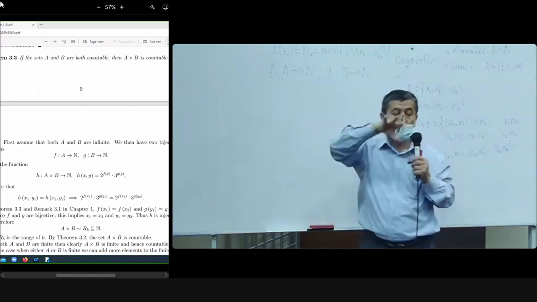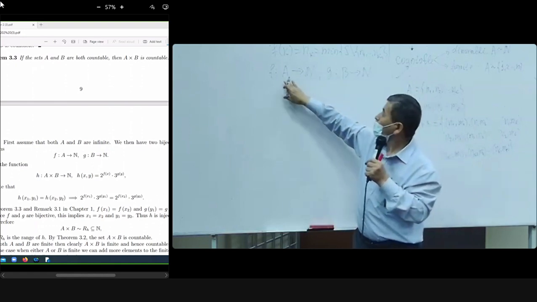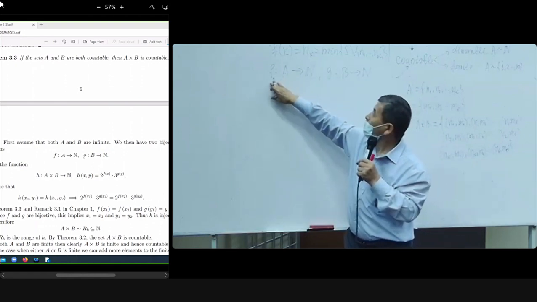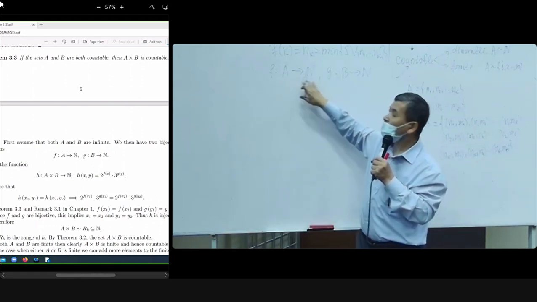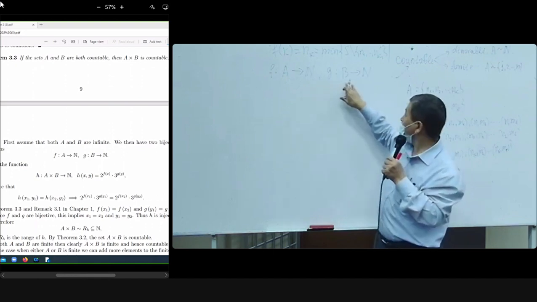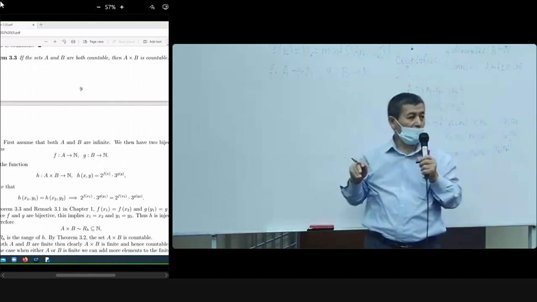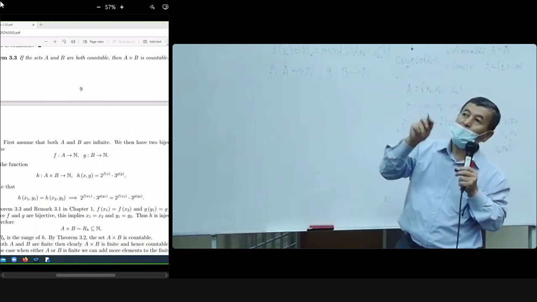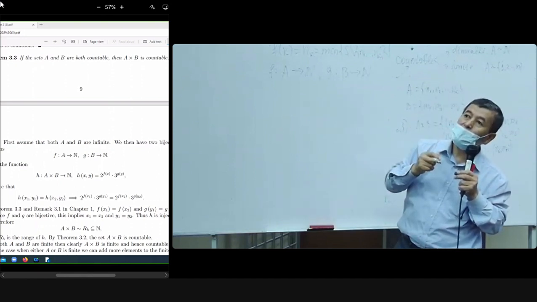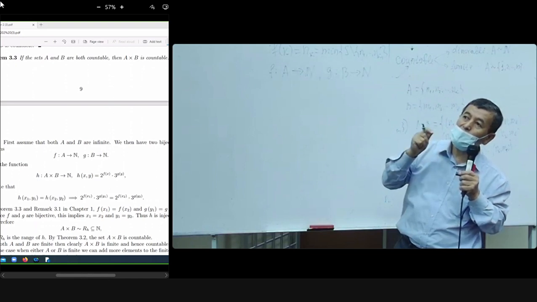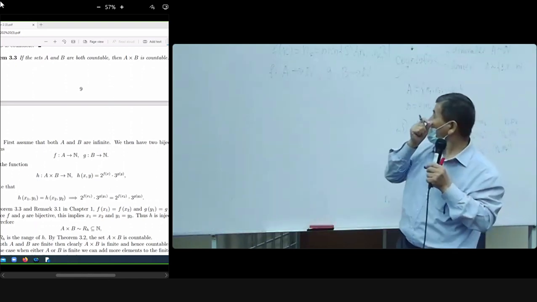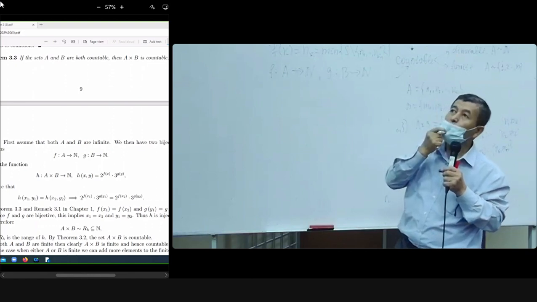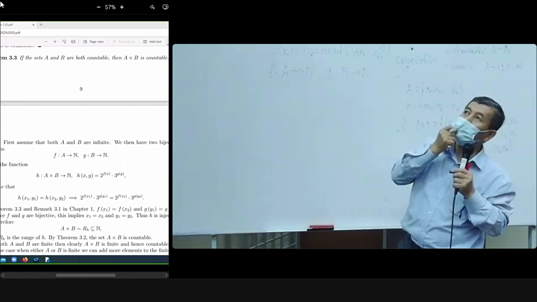If it is enumerable, then the function f maps set A to N and g maps set B to N, because of the bijectivity. Then we have two bijective functions, both countable.